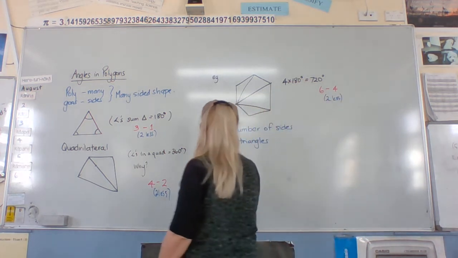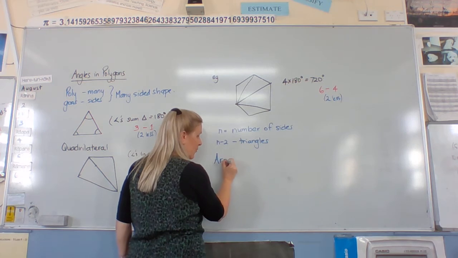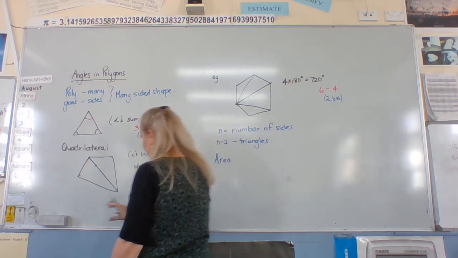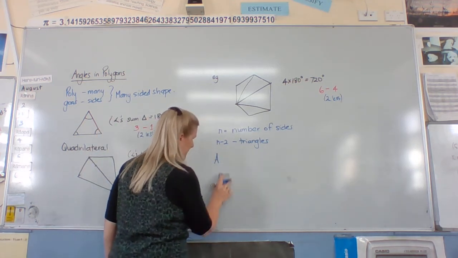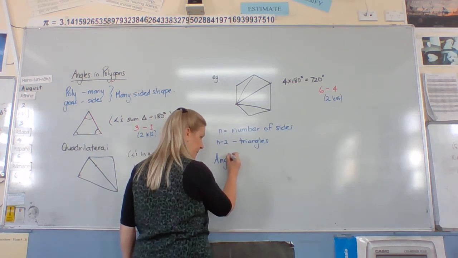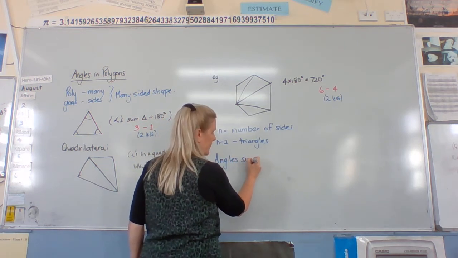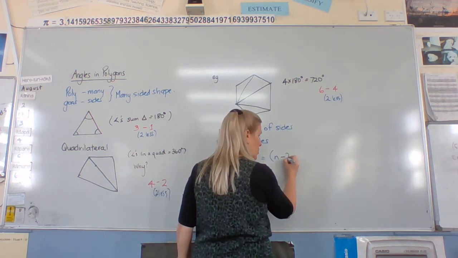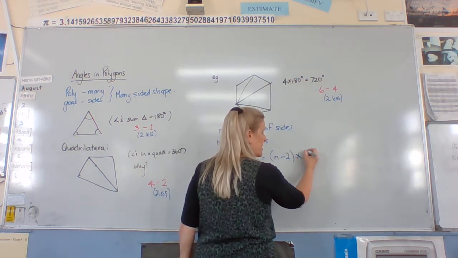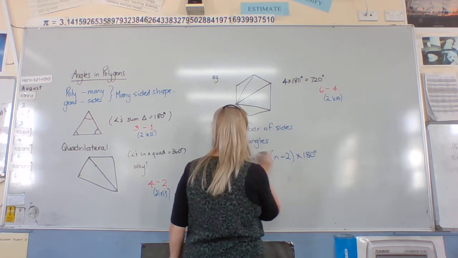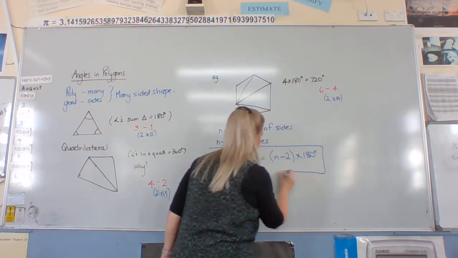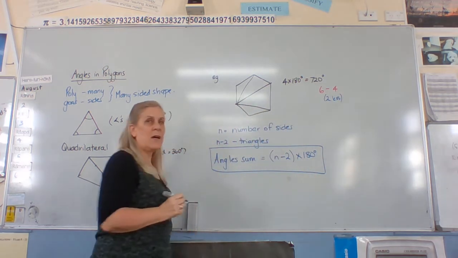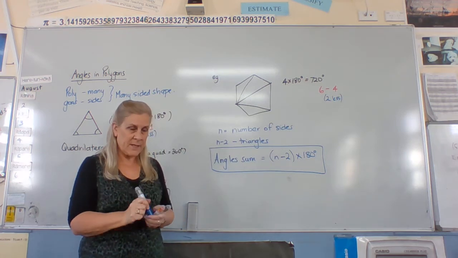So the big thing here is that the angle sum equals the number of sides minus 2 times 180. The number of triangles times 180.